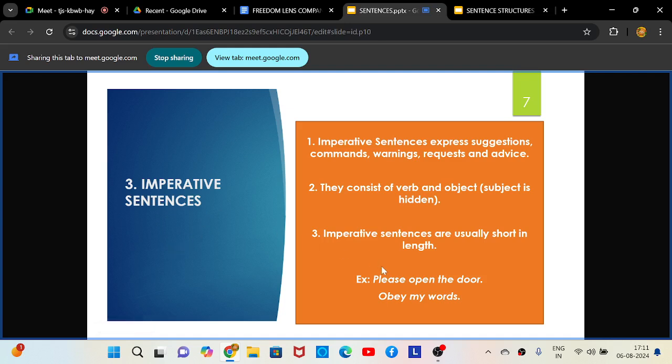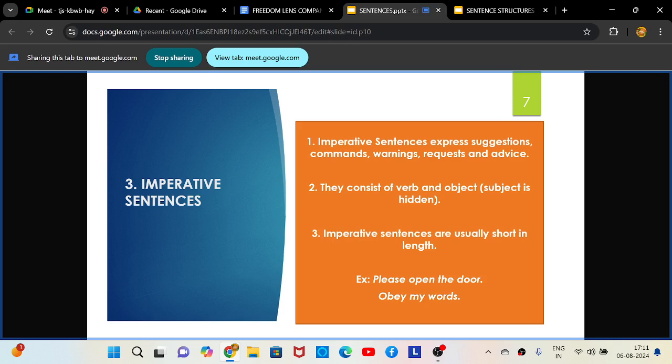You can see there are 2 examples here. Please open the door, obey my words. The first one is a request because I am saying please open the door. I am requesting somebody to open the door. Next is obey my words. This is my warning, or it is my order, command. Or if I say mind your business, or mind your words, mind your tongue.